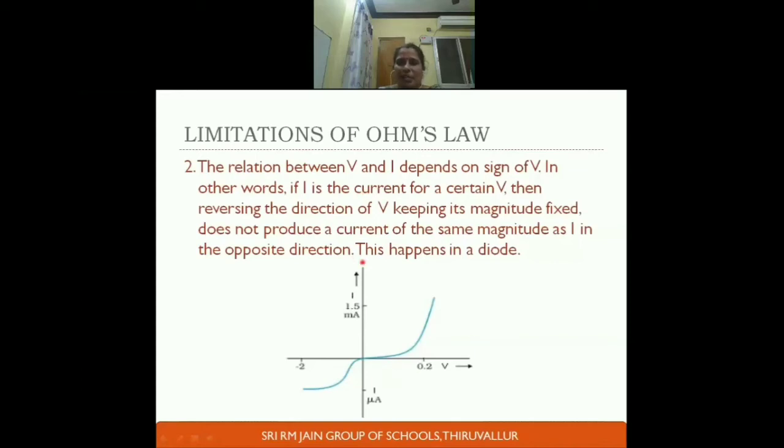Semiconducting materials are the materials which do not obey Ohm's law. This graph is for a diode. This is a very important part, the limitations of Ohm's law. Now let us see the other case also.